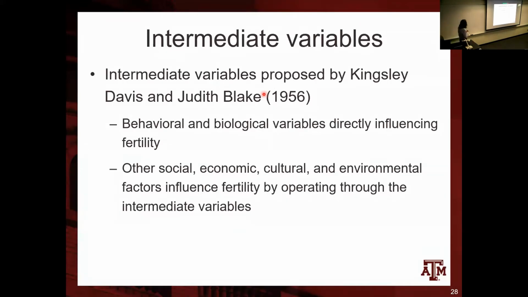So the intermediate variables proposed by Davis and Blake, pretty much behavior and biological variables directly influencing fertility. And as I mentioned in that first diagram, other social, economic, cultural, and environmental factors influence these intermediate variables proposed by Davis and Blake, which in turn influence fertility, okay?